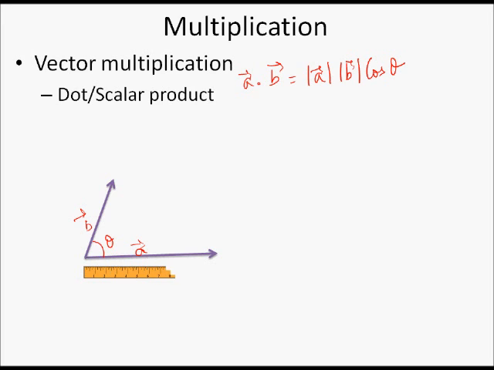The final value is a number: modulus a is a number, modulus b is a number, and cos theta is a number. So we get a scalar quantity. That's why it is called the scalar product.